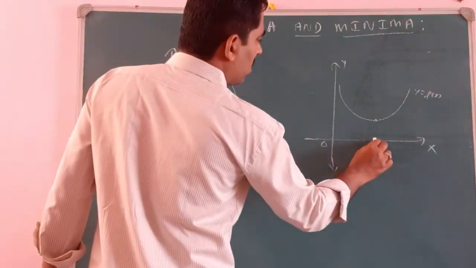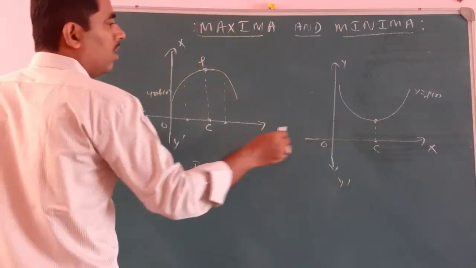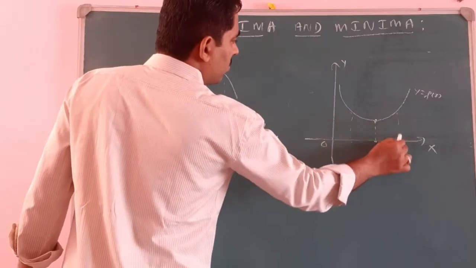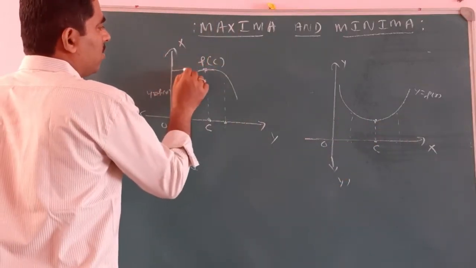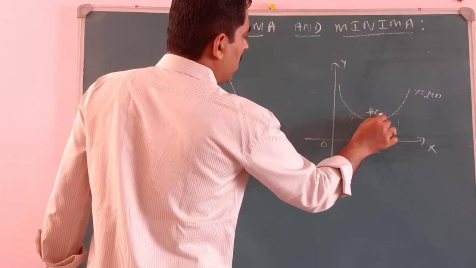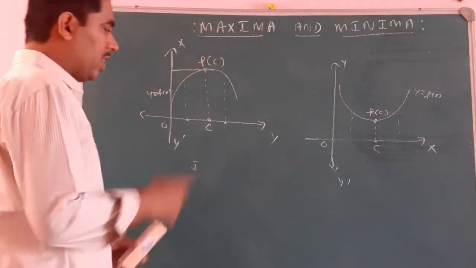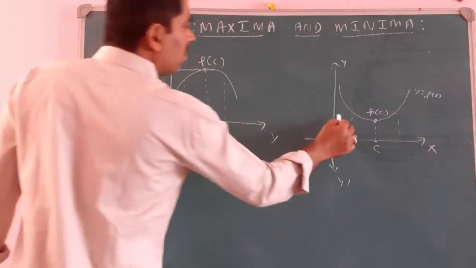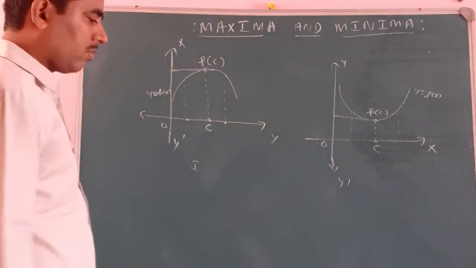Let me mark this point here, C, and consider this interval from here to here. I will say this is f of C. This will be f of C in that case.